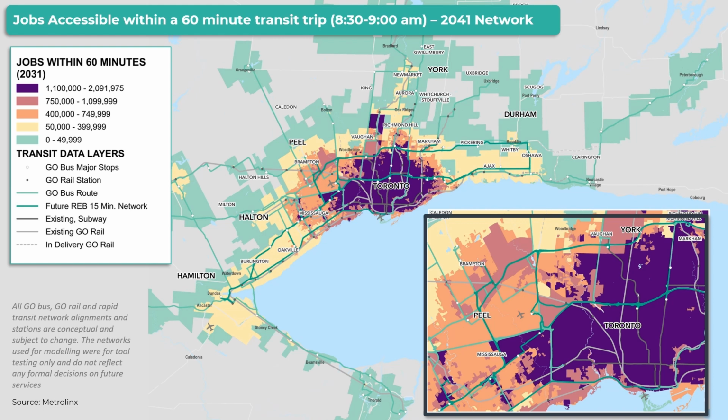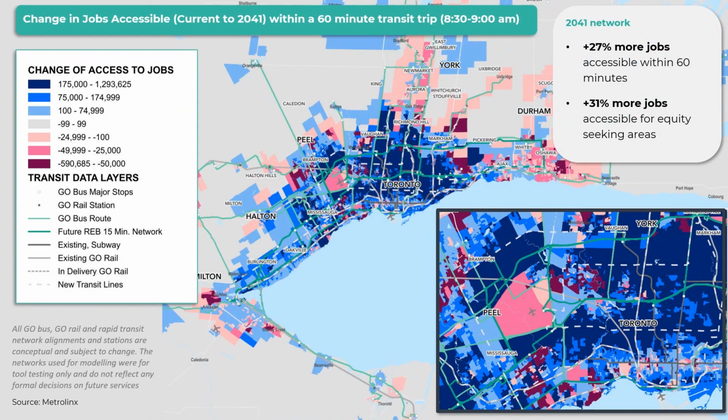The post-construction impact of these projects on job accessibility by transit in the AM peak is displayed here in this image. The following image, which I'll show now, displays the spatial impacts of the region's multi-billion-dollar transit improvement investments in terms of change in access to jobs. And this is what we're showing here in this one.